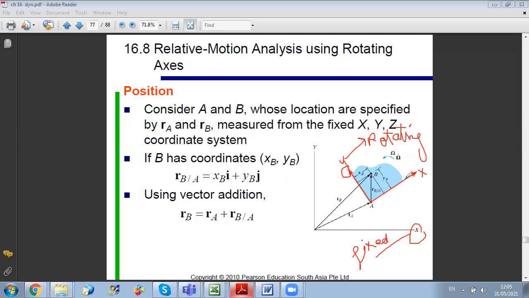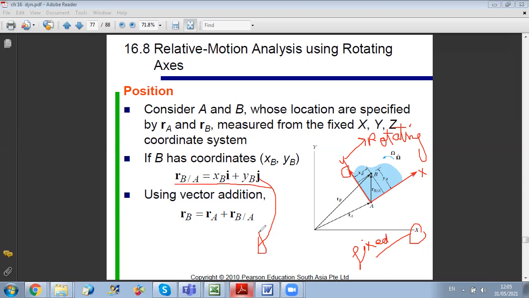So we will consider small i, small j for the rotating frame and big I, big J for the fixed frame. The vector RB relative to A can be written as XB times unit vector i plus YB times unit vector j.